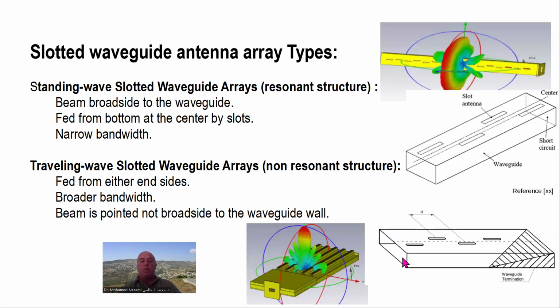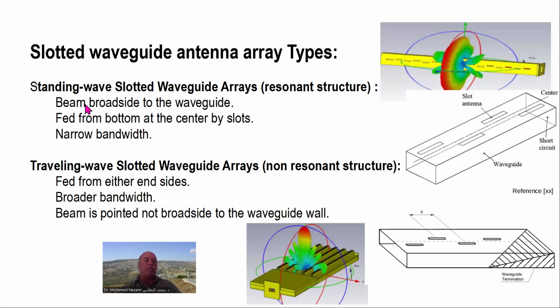And usually these are fed from the side because you have to terminate them on the other end. So you feed on one end, and the other end has to be matched, terminated, so you don't have any reflections back. Whereas with this one here, we don't have any termination, so you can feed it in here, and the waves just construct.